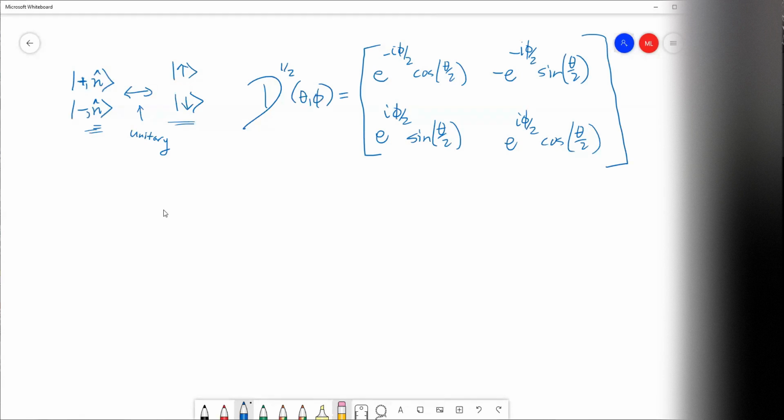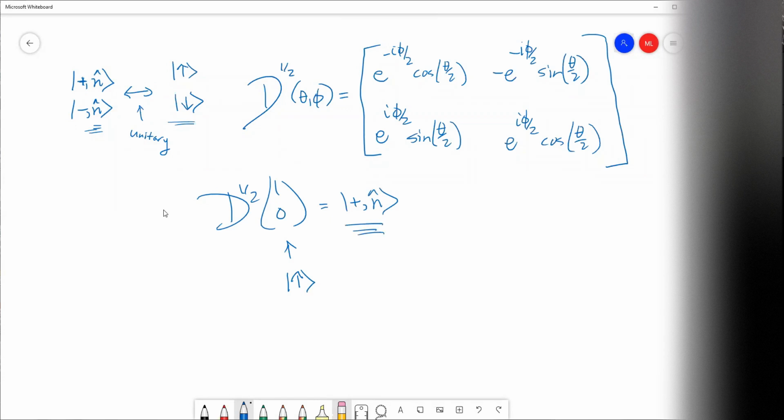So what this matrix does is if you take this D^(1/2) and you act on (1, 0), which is the up spin in the z basis, then what you get is the plus n-hat direction. That's how you can derive this matrix. Very easy.